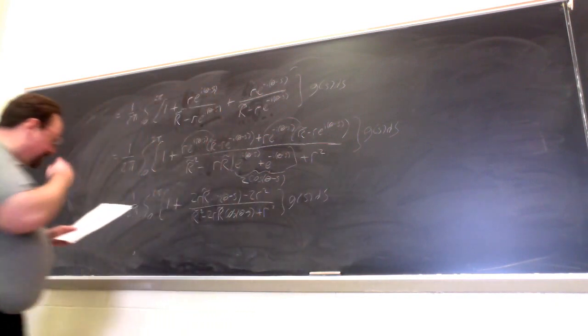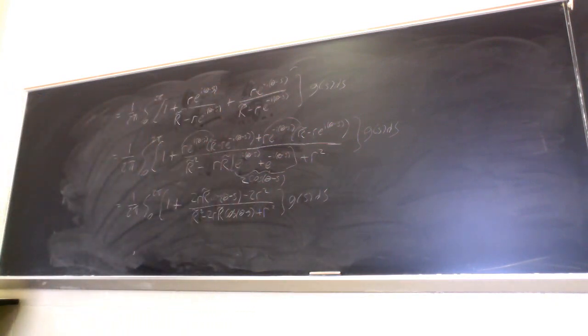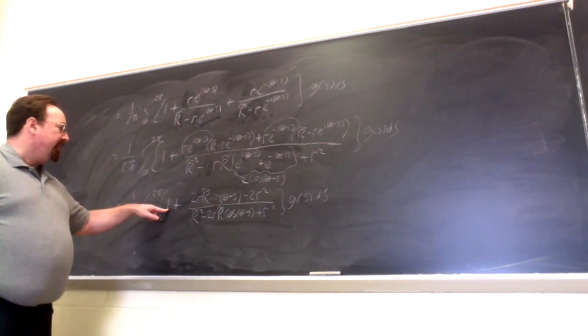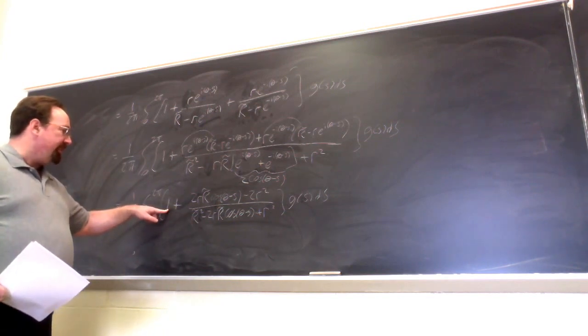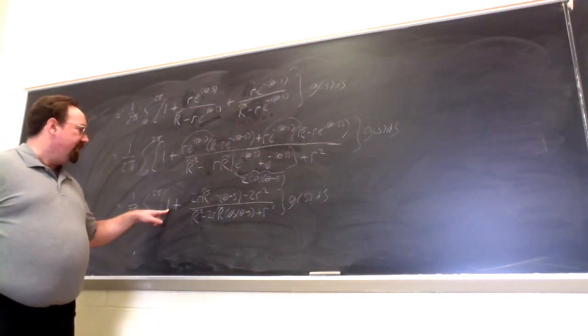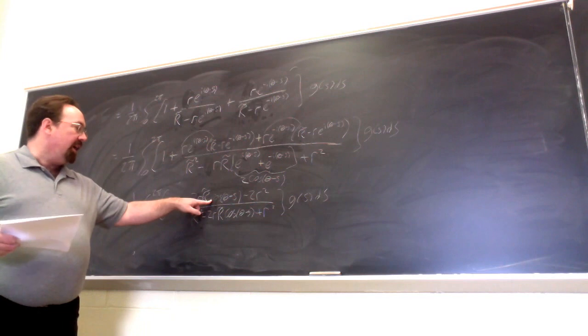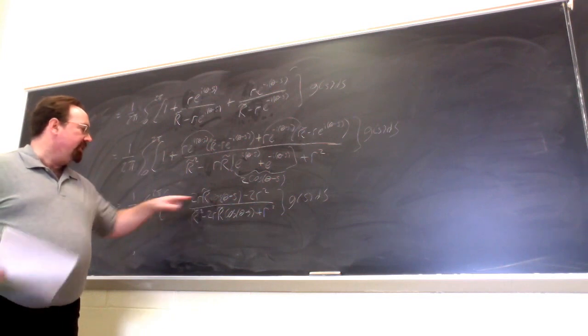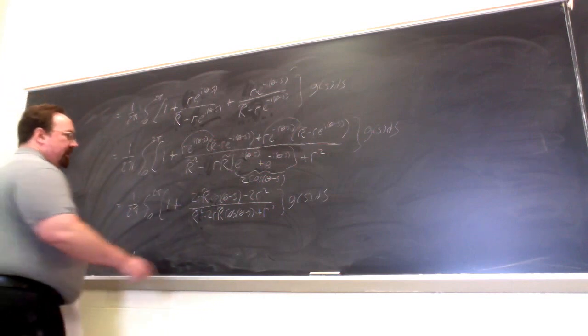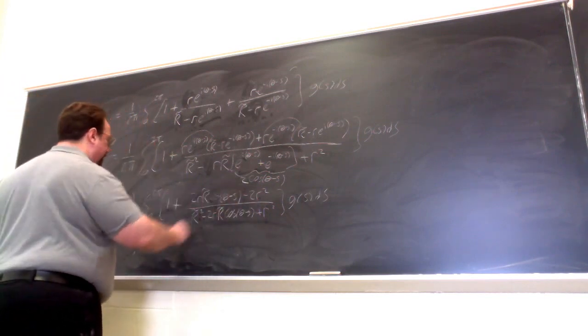Okay. So finally, in order to combine this, I need to put this over a common denominator, which is actually going to be pretty convenient because it's going to cause cancellation with this term right here. And it's going to cause simplification due to this term adding with this one.